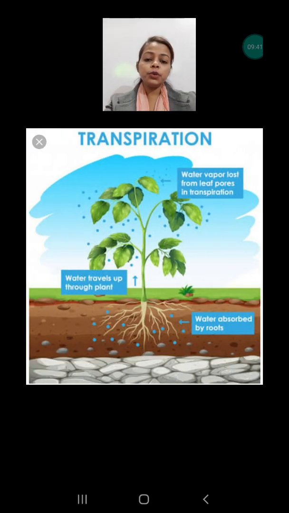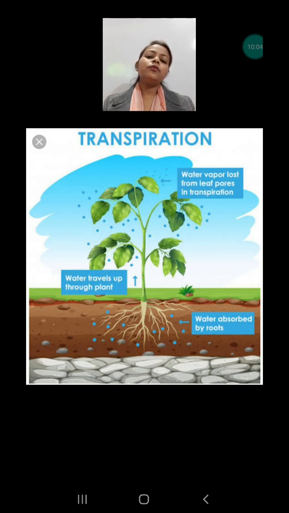Now we are going to discuss transpiration, which happens in the plant with the help of the stomata only. What is the meaning of transpiration? You all know we give water to the plant so that it can do photosynthesis, right? But sometimes they absorb an extra amount of water that is not required by the plant.